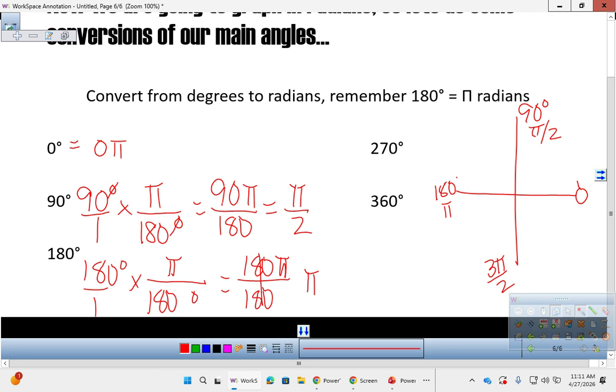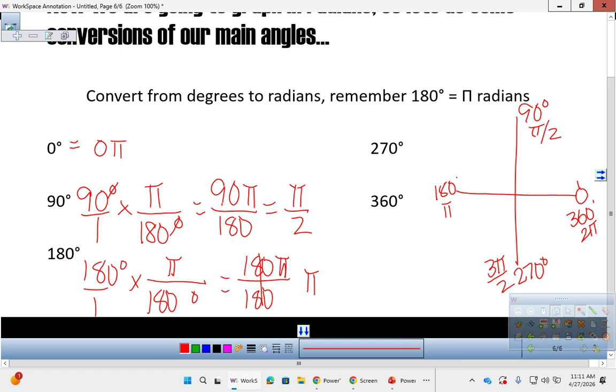All right, so if I'm adding 1/2, what's 1.5 plus 1/2? 2, so 270 is the same thing as 3 pi over 2, and 360 is the same as 2 pi. We could do the conversions, but really you're just adding 1/2. It's 1/2 pi, 1 pi, 1.5 pi, 2 pi.